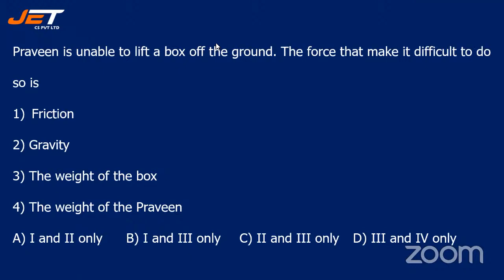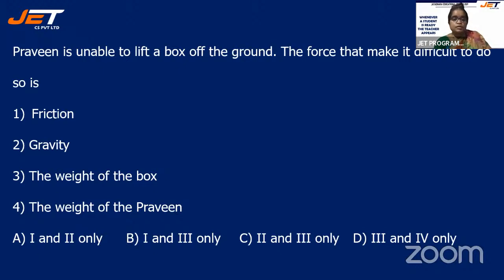So please think. Let us see. It is option C. That is 2 and 3. That is gravity and the weight of the box. Because of that, we cannot lift a box off the ground.